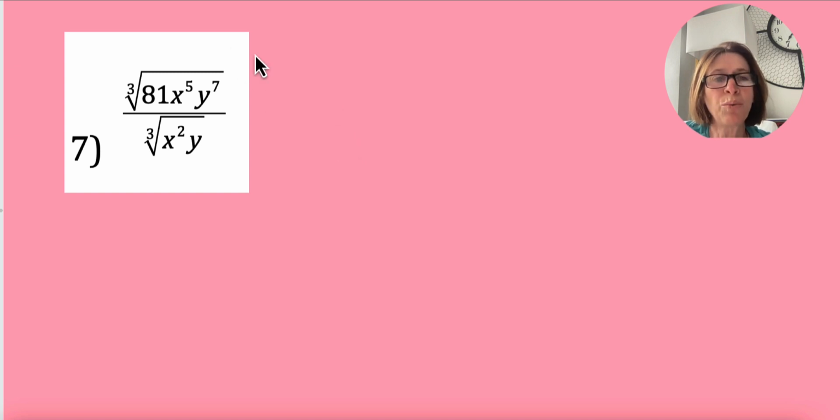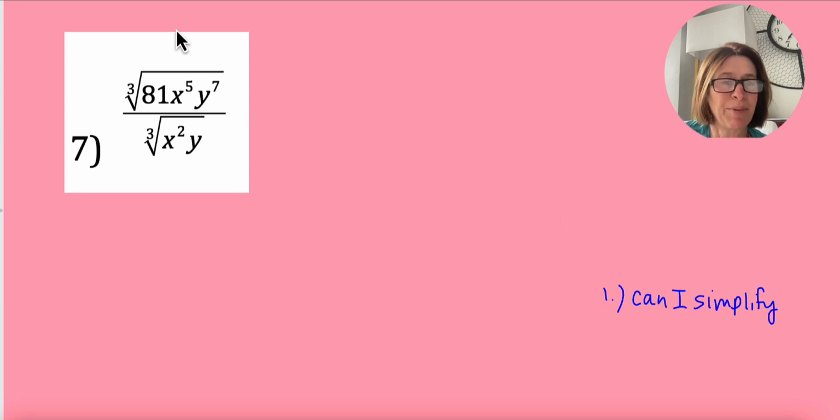All right, so when we're looking at the roots like this, you don't want to immediately rationalize. That's like our last step. So the first thing that I want you to say to yourself is, okay, can I simplify? So that would be step 1. Okay, can I simplify?